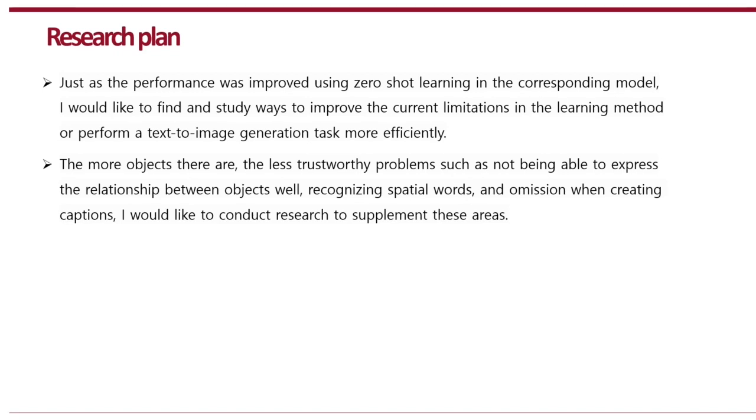The more objects there are, the less trust we see, with problems such as not being able to express the relationship between objects well, recognizing spatial roles, and omission when creating captions. I'd like to conduct research to supplement this area.